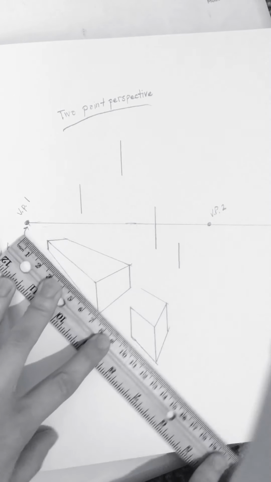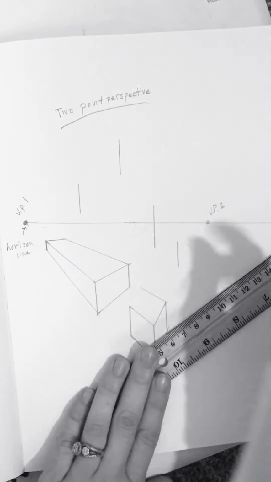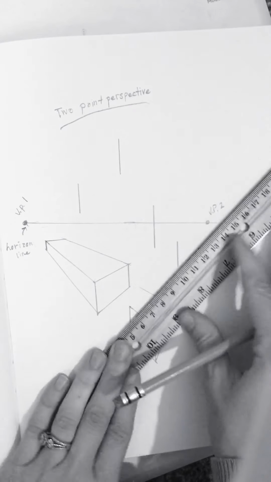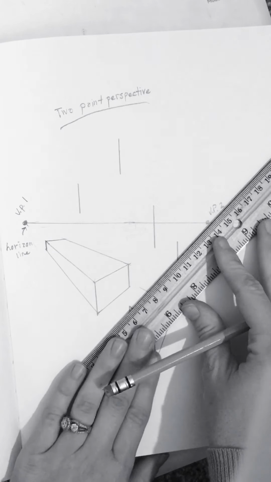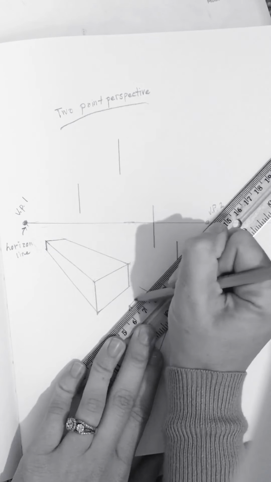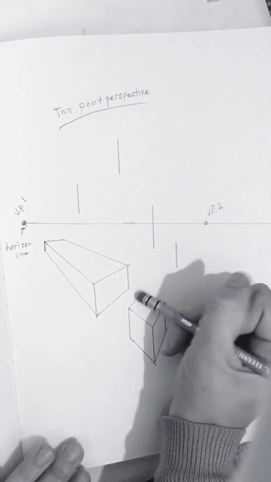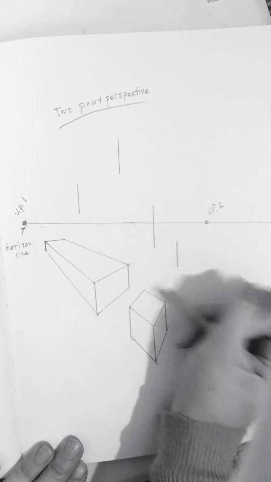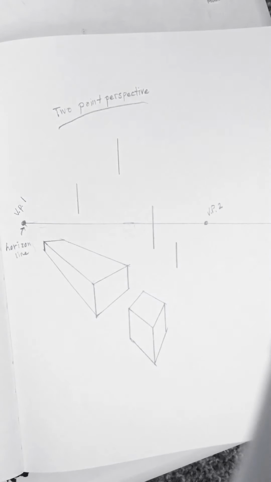Okay? And then I need to make this point connect to vanishing point number 2. And then I can erase the tails of my lines. And now I have my second shape.